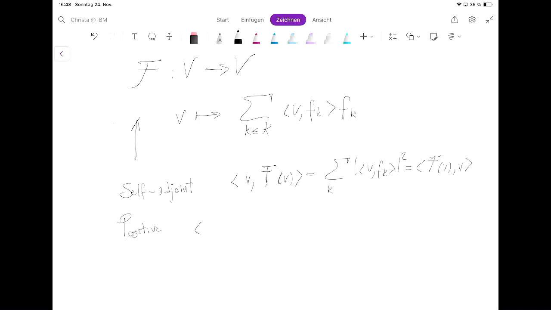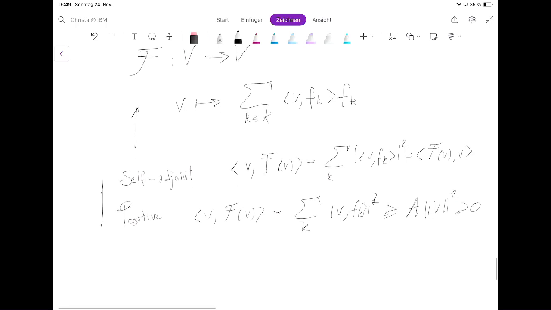This is positive because this is whatever I wrote before, modulo squared, and this is because of the definition of the frame. This is basically this, so it's larger than 0.